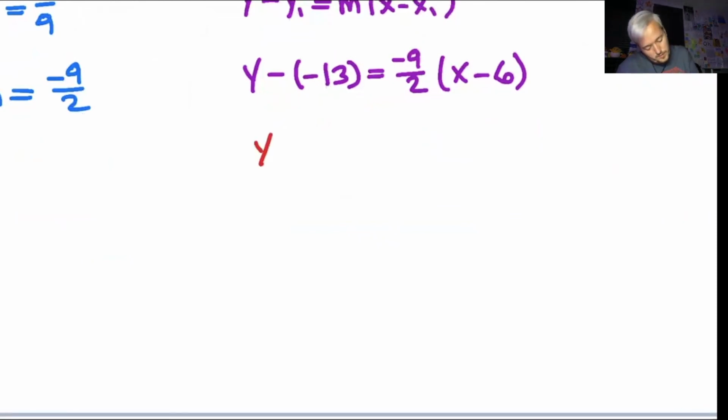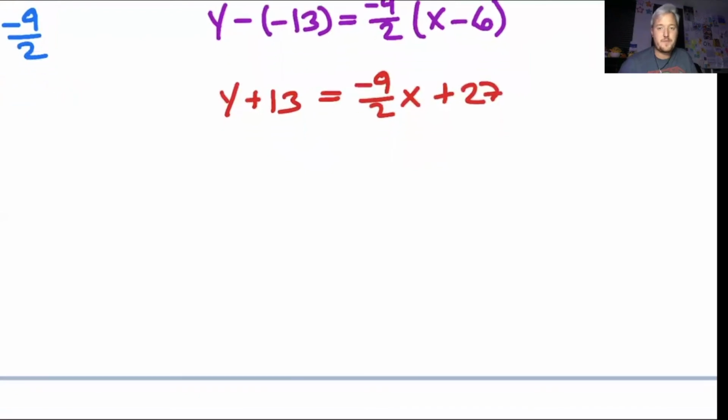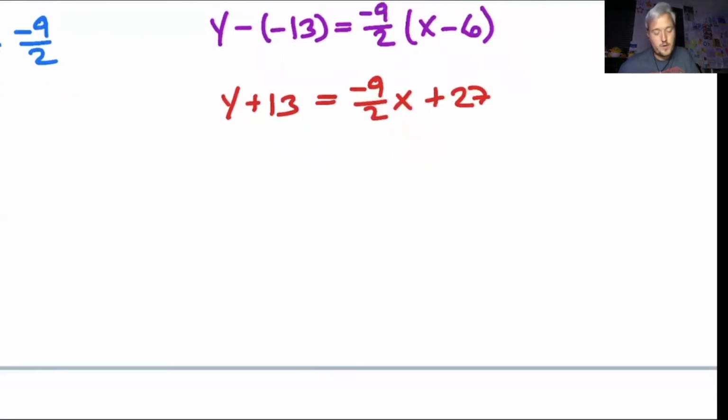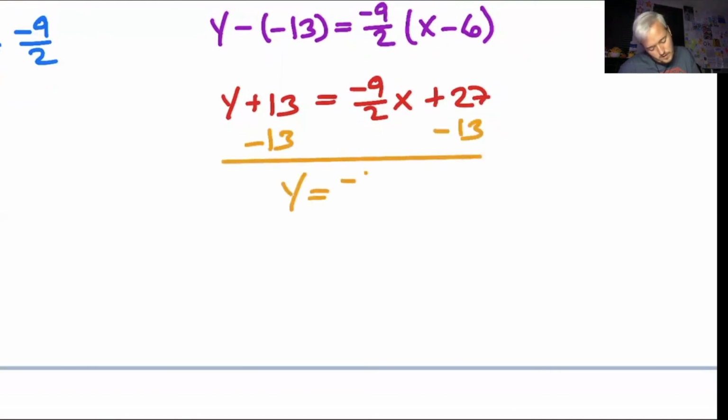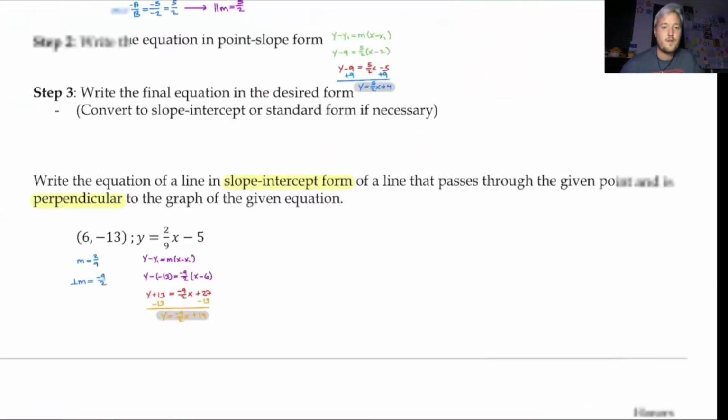So I'm going to have y plus 13 equals negative 9/2 x plus 27. So I went ahead and distributed. All right, so now I'm going to write my equation by subtracting 13. So I'm going to have y equals negative 9/2 x plus 14. So there's our slope-intercept form.